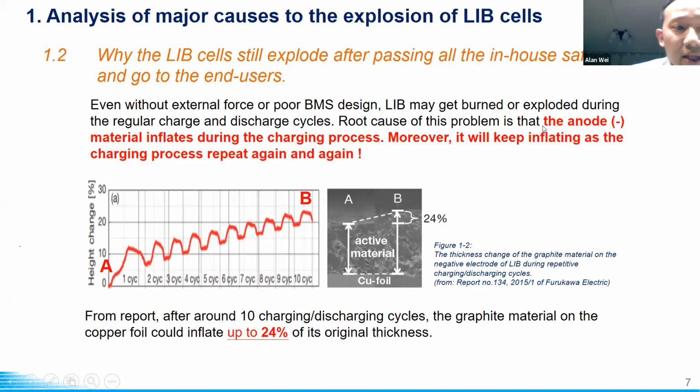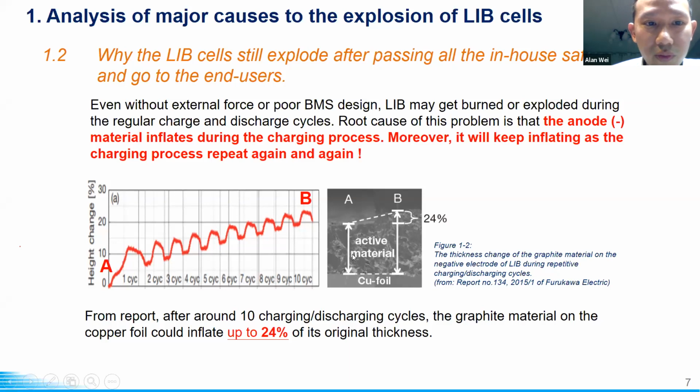That's because the anode material inflates during the charging process, and moreover it will keep inflating again and again. According to the report, after 10 charge cycles, the graphite material on the copper foil could inflate up to 24% of its original thickness.